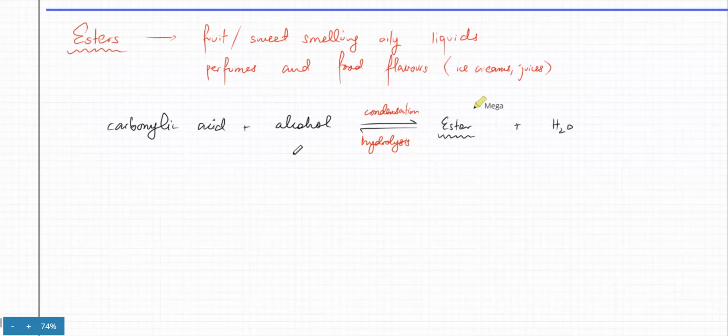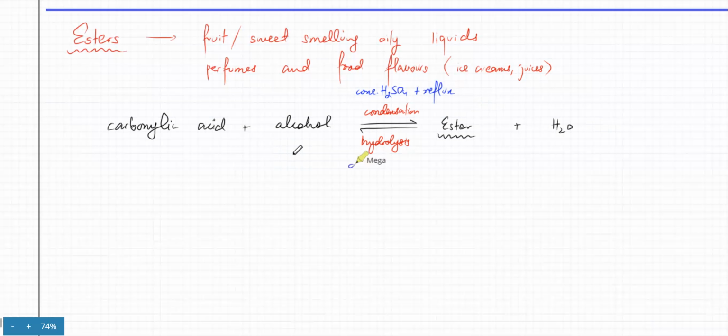अब इसमें ये करना है कि I'm going to write down the conditions for both. The conditions for forming an ester: you need a few drops of concentrated H2SO4 plus reflux.